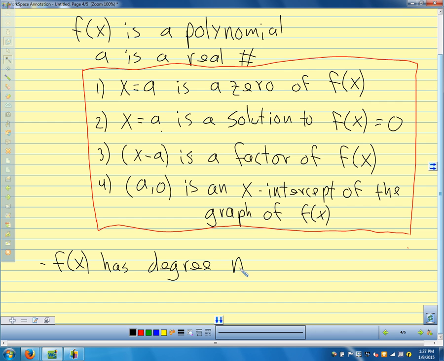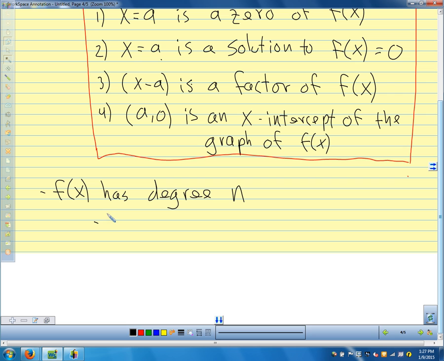If our polynomial has highest degree n, f of x has at most n real zeros. So a 3rd degree polynomial has at most 3 real zeros. It could have less. If we have a 3rd degree polynomial, we could potentially factor it into 3 sets of parentheses. Sometimes we get less than 3.